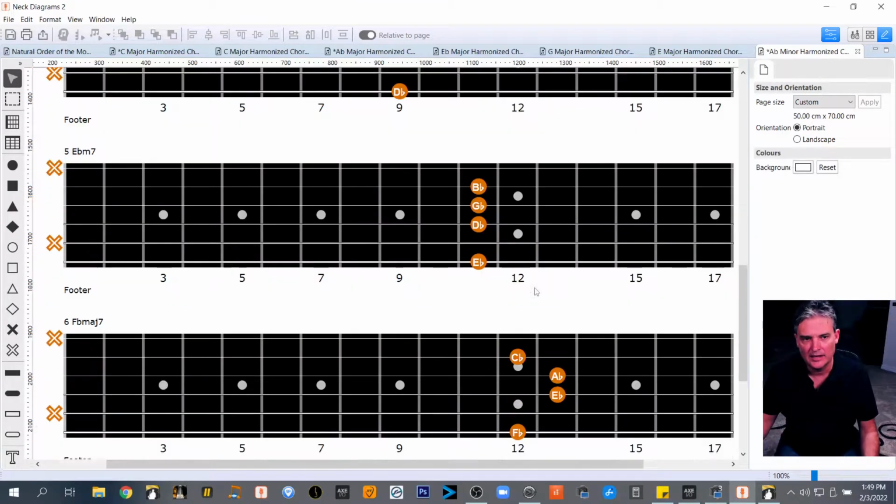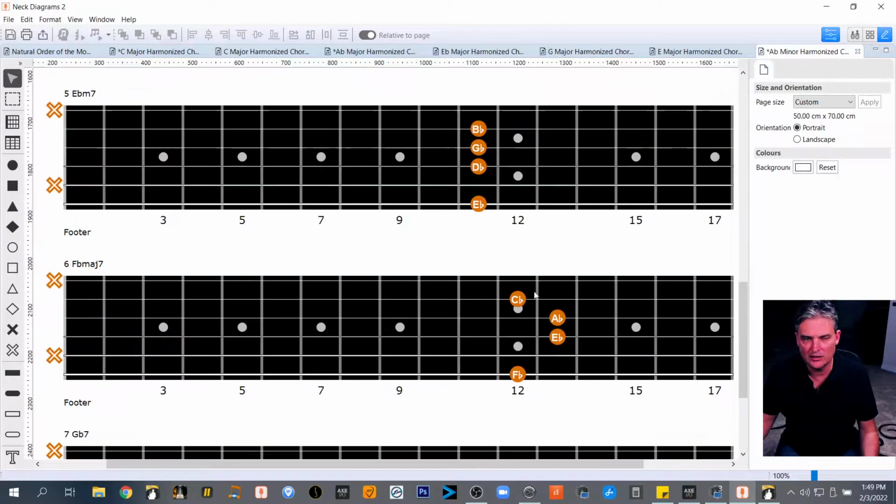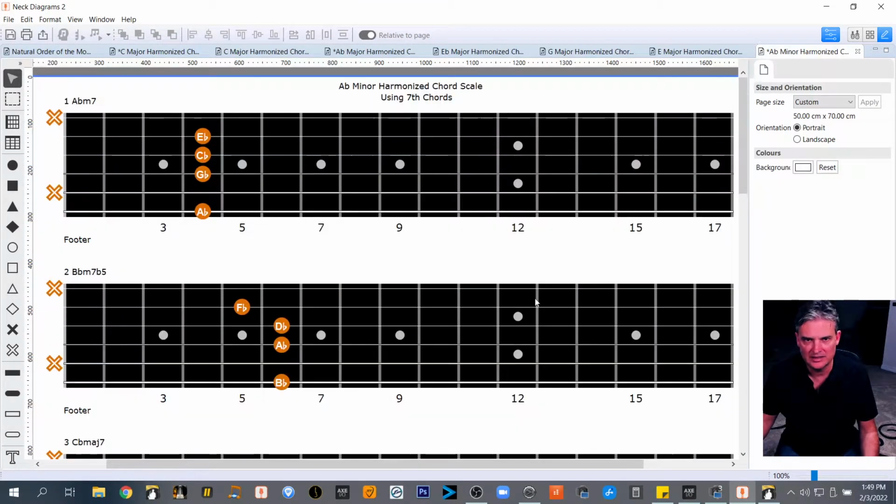Now that I'm right here with A flat minor, I want to throw this in real quick. Besides having 2-5-1 in a major key, there's such a thing as a 2-5-1 in a minor key.